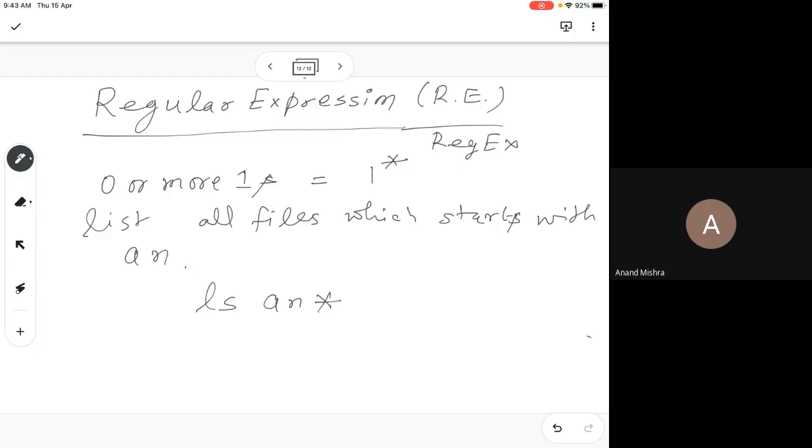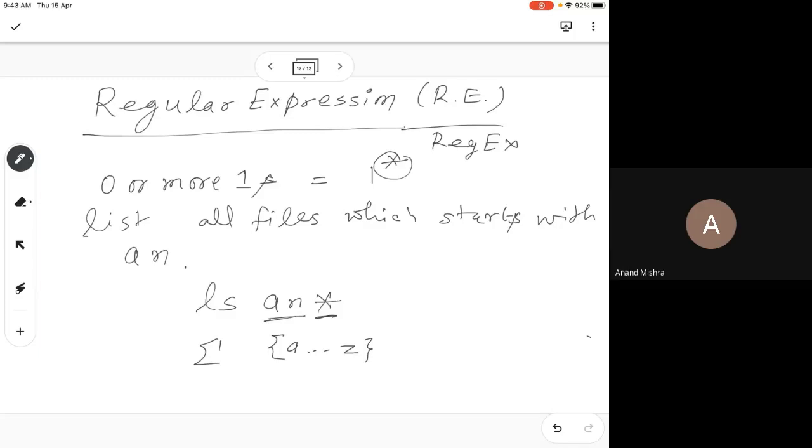Here your alphabet is A to G. It should have AN, and then this star is for anything else. Here the star is not exactly the same, but the notion is AN followed by A to G star. So it should start with AN and then any number of other things.